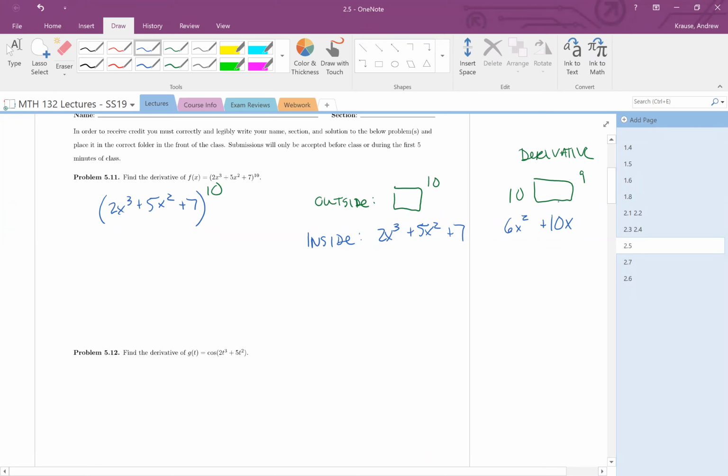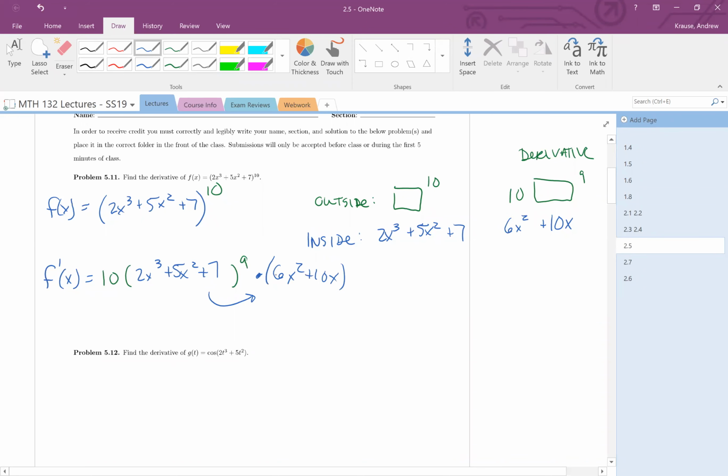So now we're going to combine these things to figure out the derivative of this composite function, a function inside of the other function. When we're taking this derivative, first we're going to do the derivative of the outside function, and we're going to leave the inside the same, and then we're going to multiply by the derivative of that inside function.